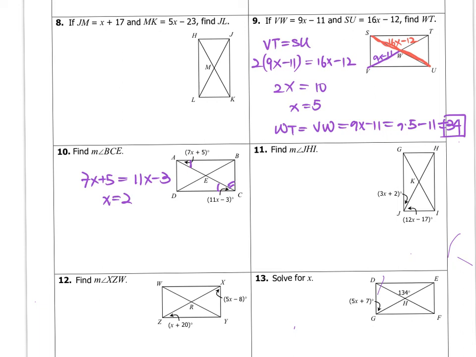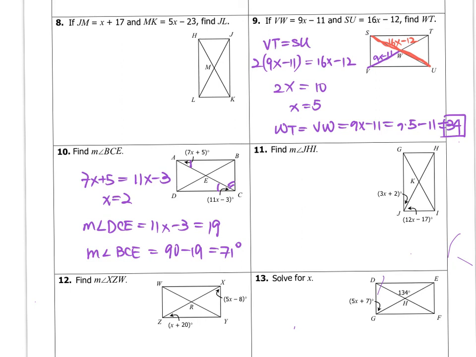In order to find BCE, you have to find the angle measure of DCE first. So DCE is 11x minus 3. So 11 times 2 is 22 minus 3, that gives me 19, and therefore the angle measure for BCE is simply 90 minus 19, which gives me 71 degrees.